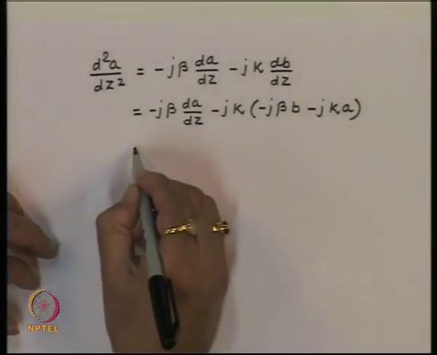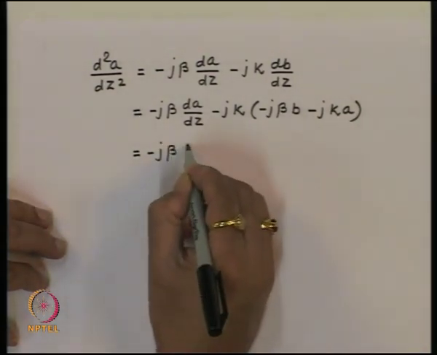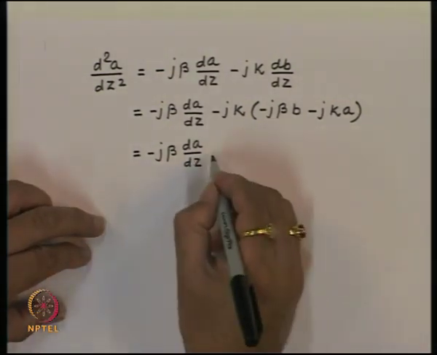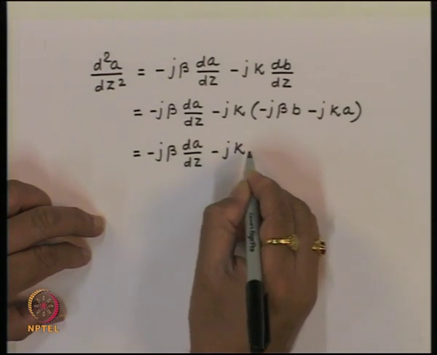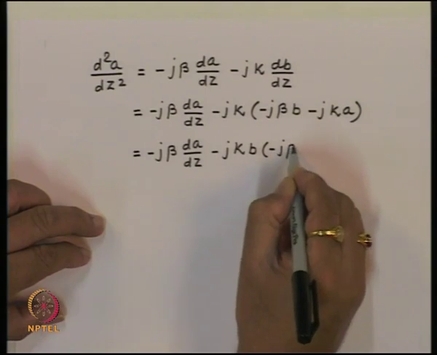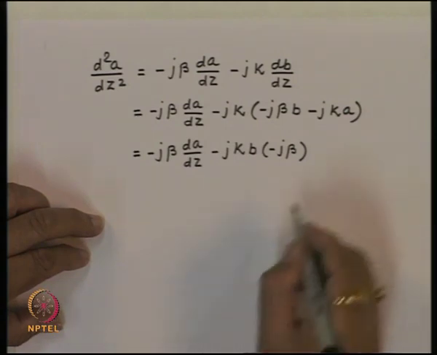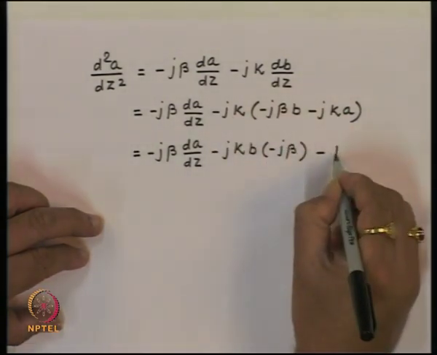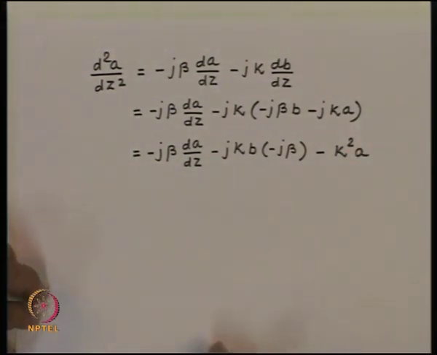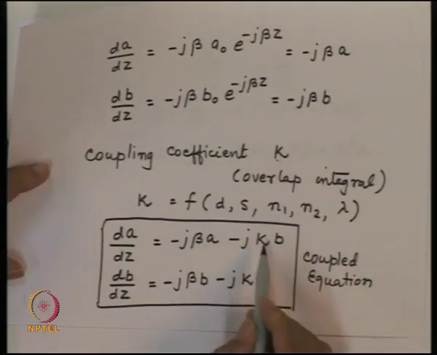I can simplify this to write as minus j beta dA by dz, minus jkb into minus j beta, this term, minus k square into A. And now I can substitute for minus jkb from the same equation here.